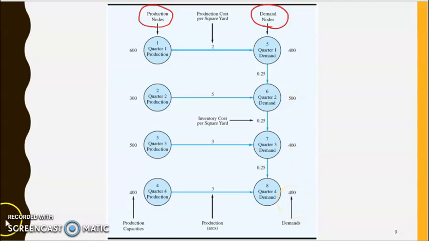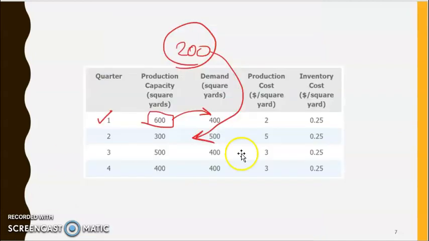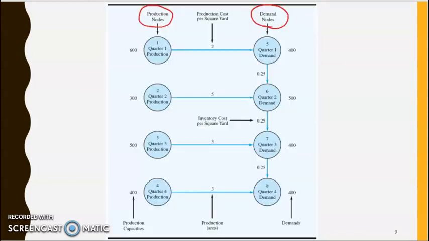Another point that we have on this table is the production cost that we said for the Q1 is cheap, but for Q2 is expensive. So when you connect Q1 production to Q1 demand, over there you put the production cost.